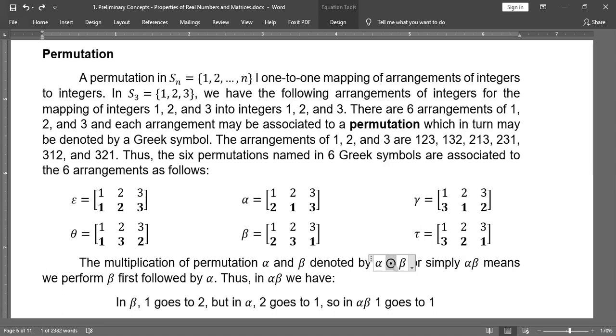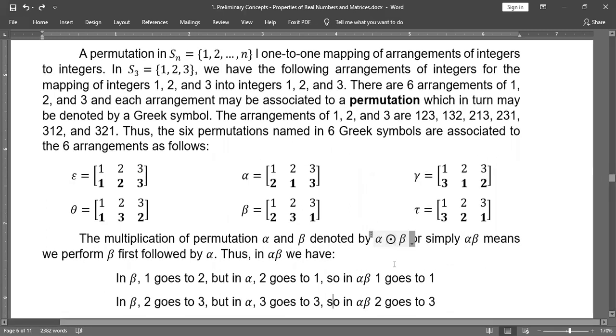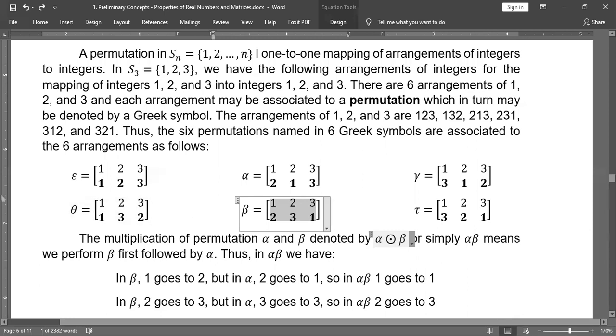Thus, in the product of alpha and beta, we have in beta 1 goes to 2. Yun natin. Sa beta natin, ito given tong mga to, no? Yung 6 arrangements natin ng 1, 2, 3, always given ito. Ito yung laging reference natin. Okay, in beta, ito yung reference natin, 1 goes to 2.